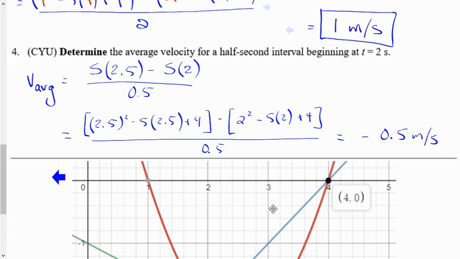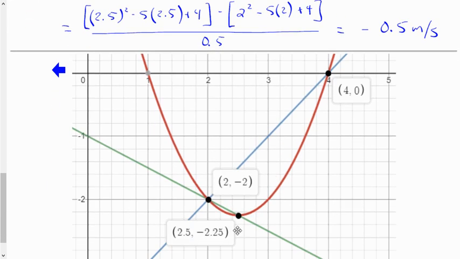So that was between our time of 2 seconds and the time of 4 seconds. That was the slope of that secant line. Then for the next question, we found that half-second interval where we went from our x value here of 2 down to this x value of 2.5. And we calculated that slope to be negative 0.5.